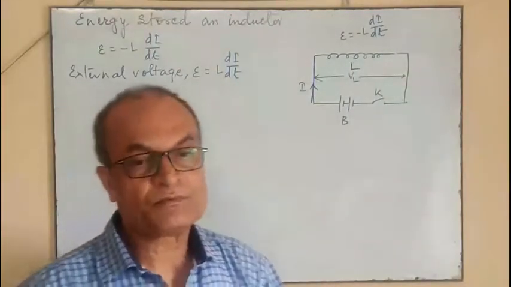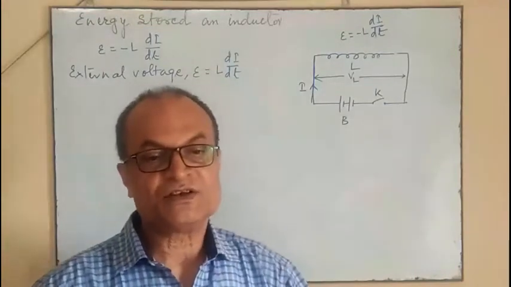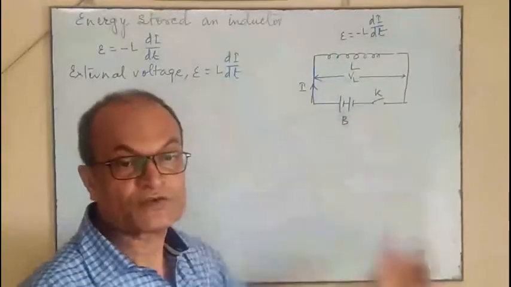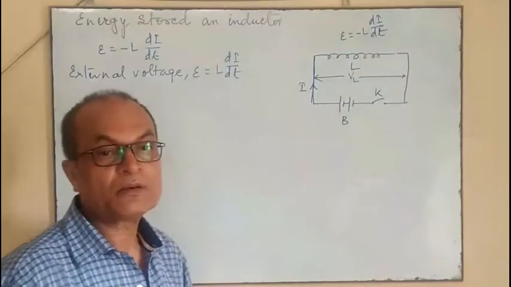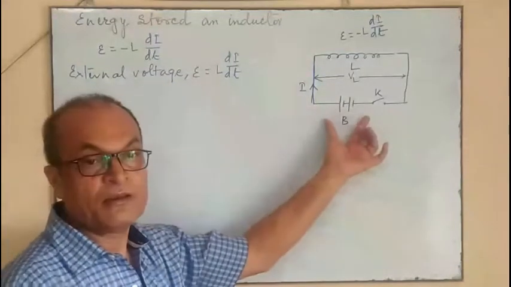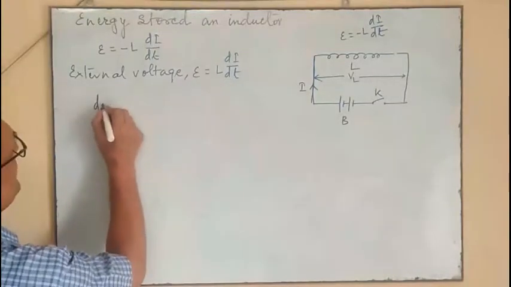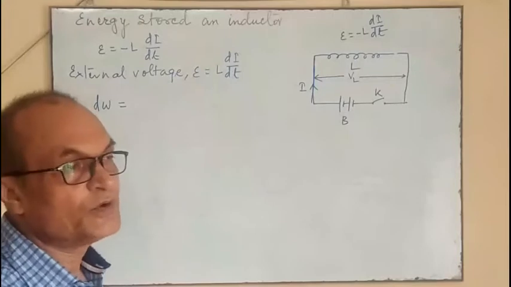Now suppose when current flows, a very small charge dq passes through this inductor. The work done by the external supply, by this battery, is suppose dW, and we know very well dW equals V dq.